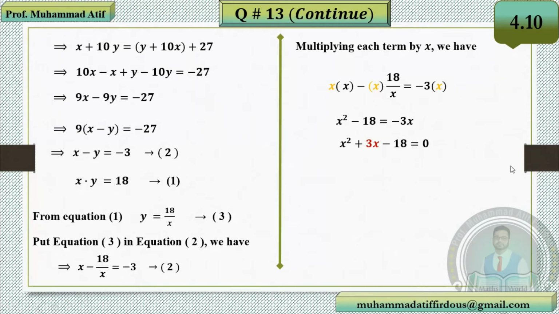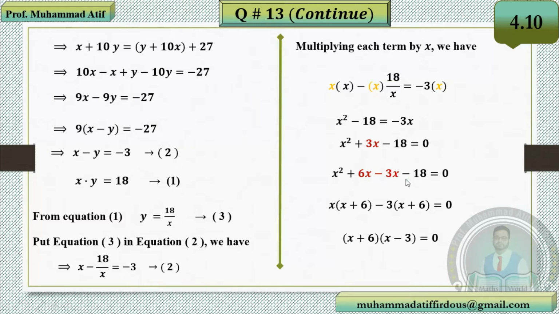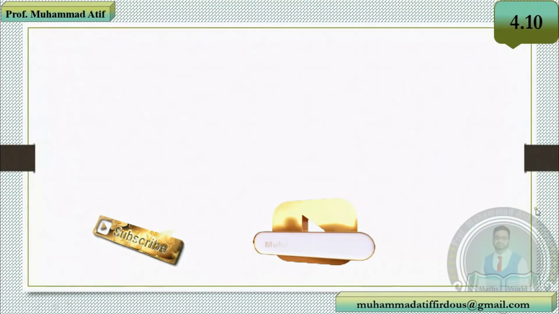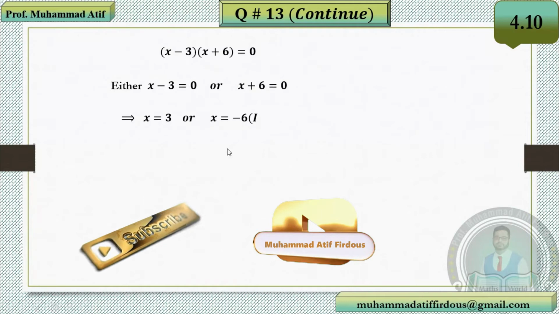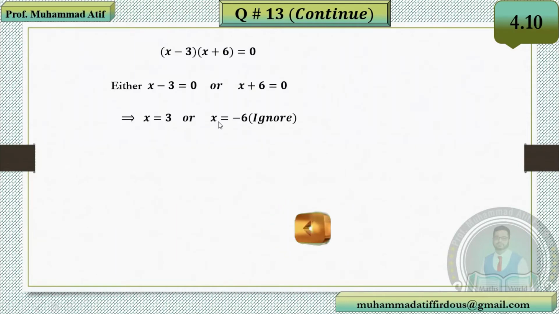Now you can use middle term breaking or the quadratic formula. By middle term breaking, we have 6 into 3, x is common from the first two, minus 3 is common from the second two. So we have the pair x plus 6 and x minus 3. Any problem? Okay. So either x minus 3 is equal to 0 or x plus 6 is equal to 0, so x is equal to 3 and x is equal to minus 6.